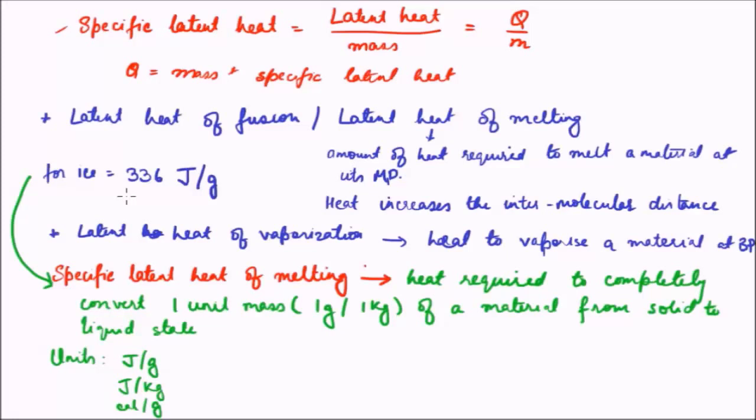Why so? Again, the same reason: 100 degrees Celsius steam has added latent heat of vaporization with it. So the heat content of 100 degrees Celsius steam is much more than the heat content of 100 degrees Celsius water. Therefore, the burn from steam at 100 degrees Celsius is much more harmful than a burn from water at 100 degrees Celsius.